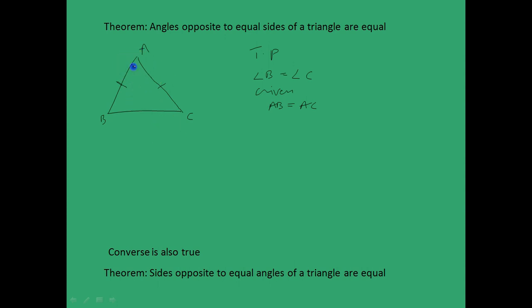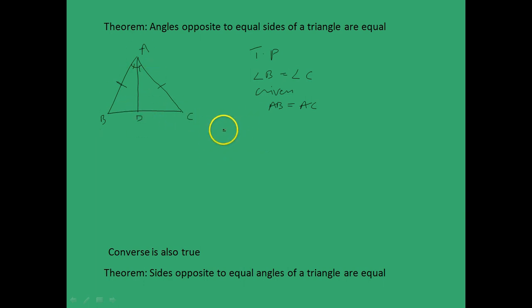Consider angle A and consider the angle bisector of A. Let's say this intersects BC at D. So this angle is equal to this angle, and so therefore in triangles BAD and CAD, AB is equal to AC and AD is equal to AD obviously, and because AD is the angle bisector, angle BAD is equal to angle CAD.